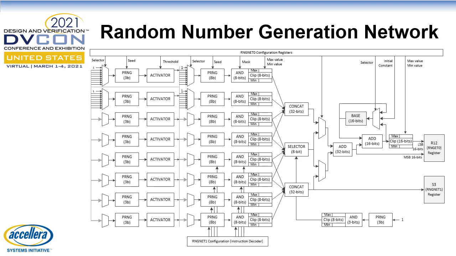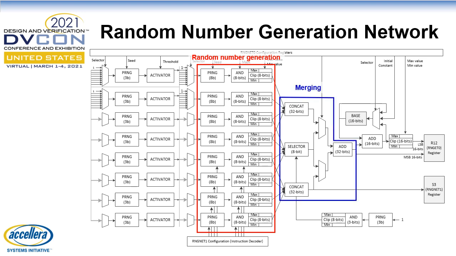RNGNet can be divided into 4 parts. At the center of it, a total of 8 pseudo-random number generation modules of 8 bits wide exist, which are backed up with limiting functions. Then, 8 random numbers could be selected, combined, and added to form more complex 32 bits wide random numbers.